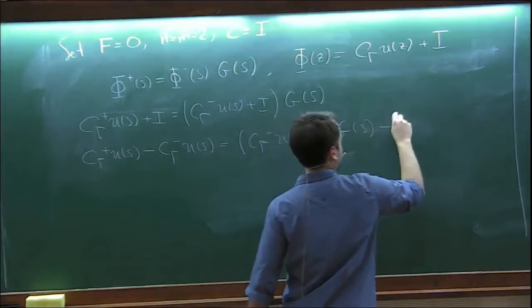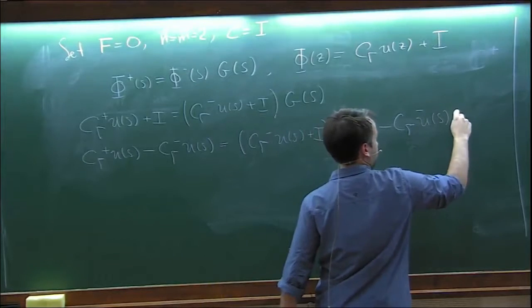And so then I get minus C gamma U minus of S minus the identity.